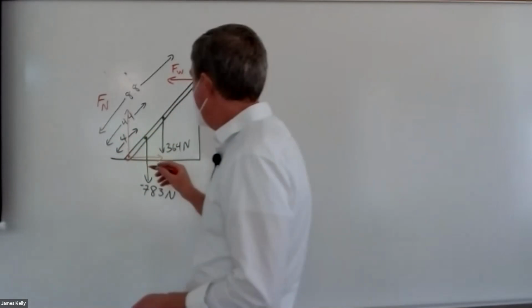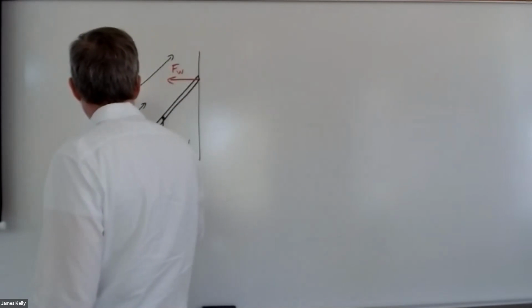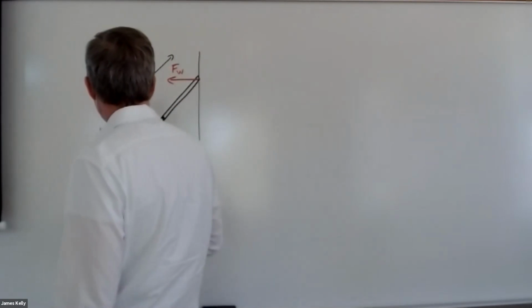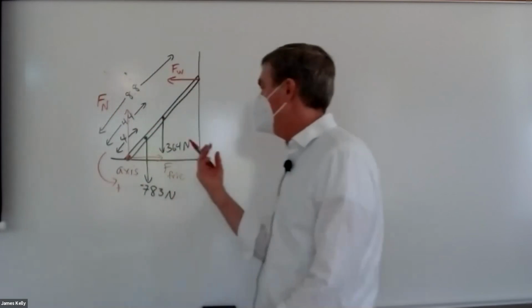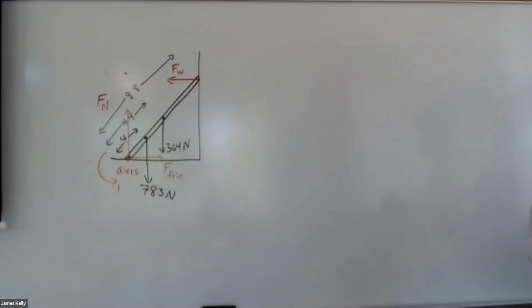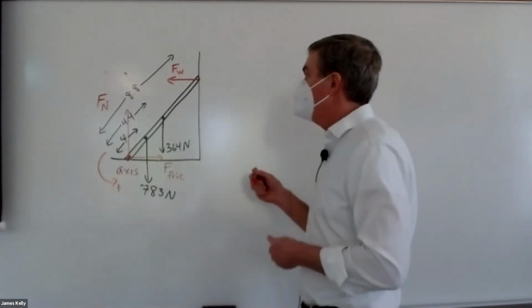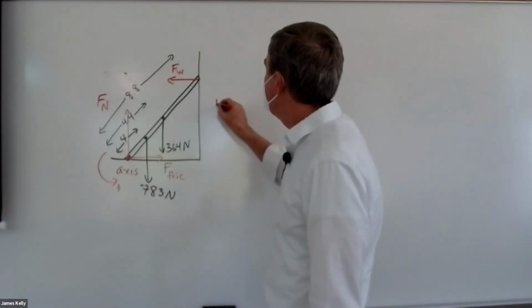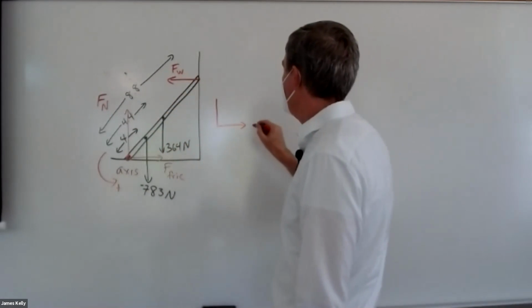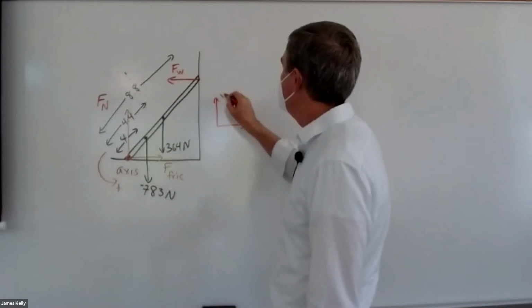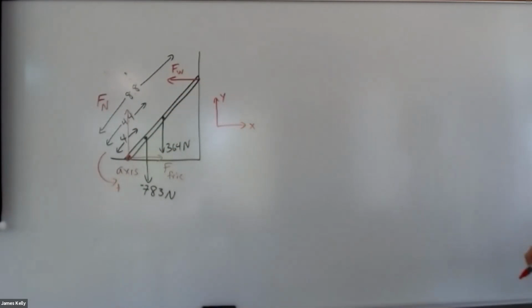So I'm going to take this point down here as my axis. Why not choose positive clockwise? I don't have a compelling reason to choose one way over the other, but just to be definite. And we're also going to be summing some forces, so let's put some axes on here. All the forces are horizontal or vertical, so let's take X horizontal to the right and Y vertical.